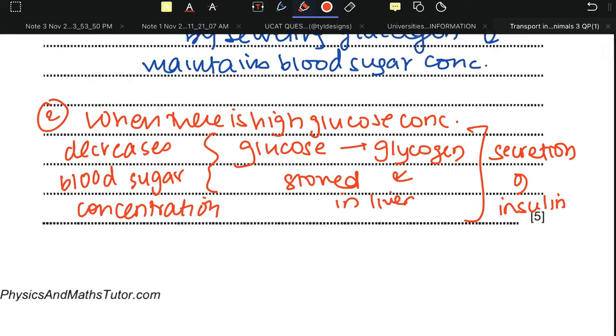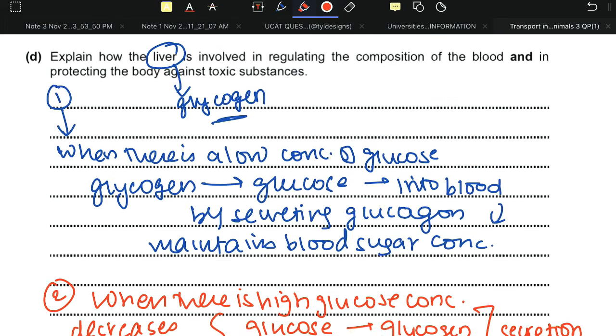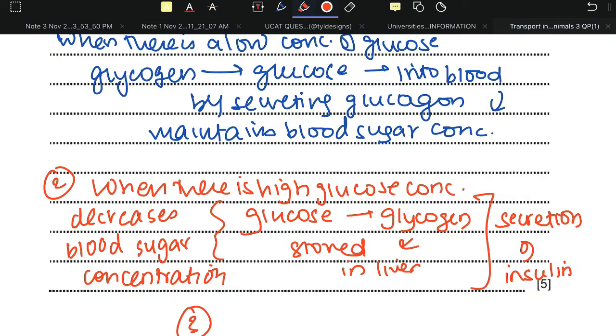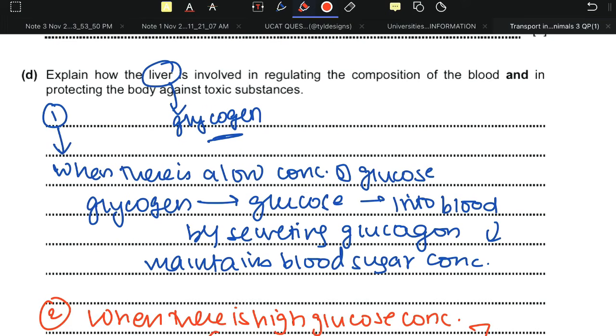That's very important. And then the third point, now you've covered 2 points for the blood part.